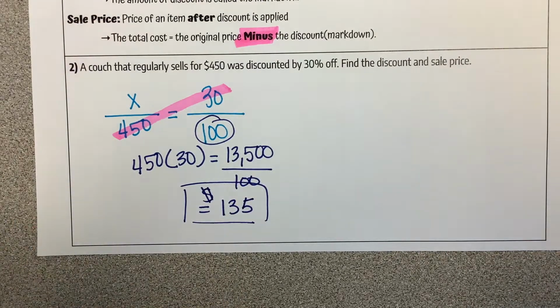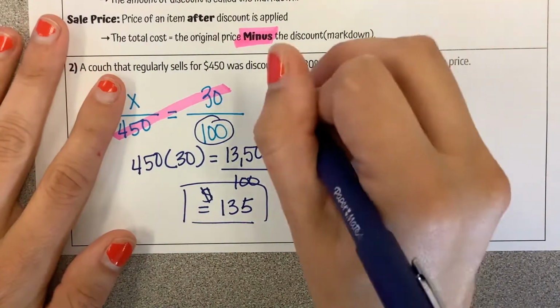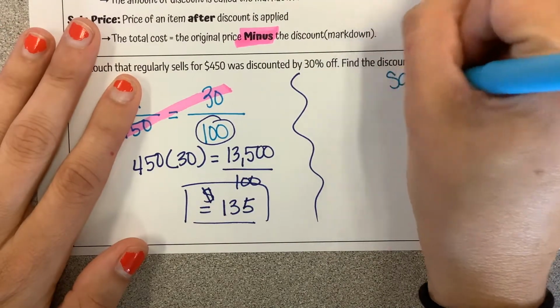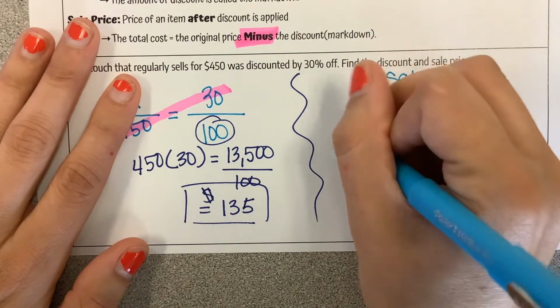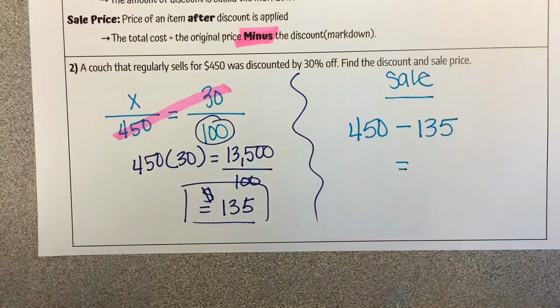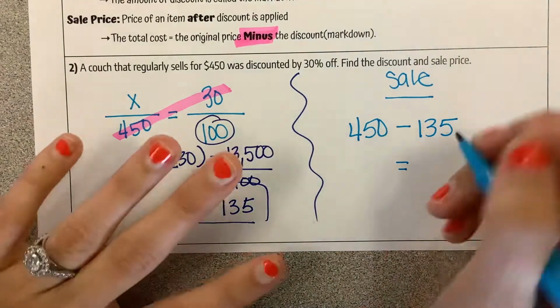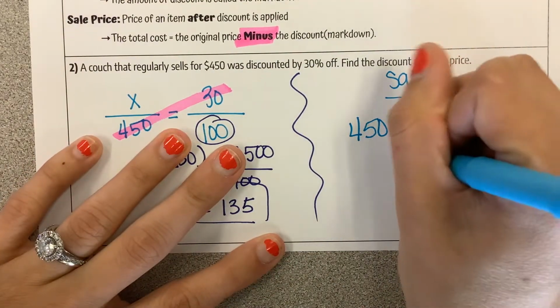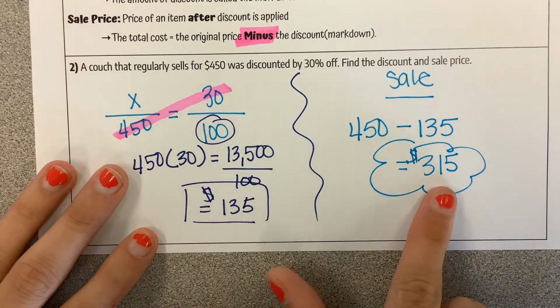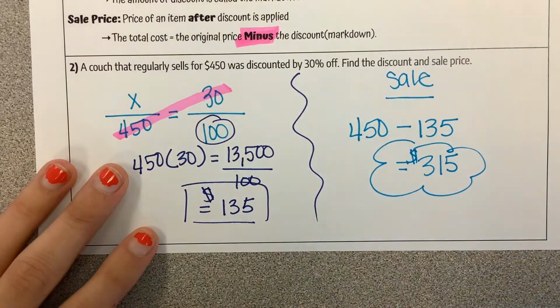That's the discounted price. Our sale price is the original amount minus that discount, which is going to give us a sale price of $315. So this is how much it's discounted. That is what the price is going to be.